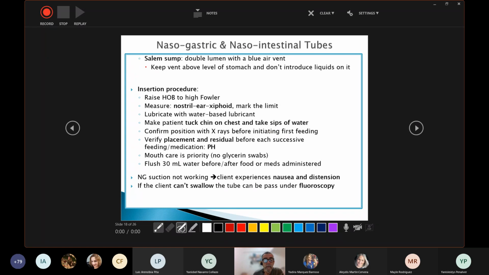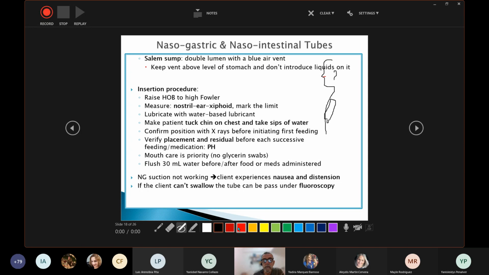So if you have a person, suppose that here is the sternum and the xiphoid process, okay? The xiphoid process of the sternum. You are going to measure the tube from the nostril to the, oh, I forgot to draw the ear.